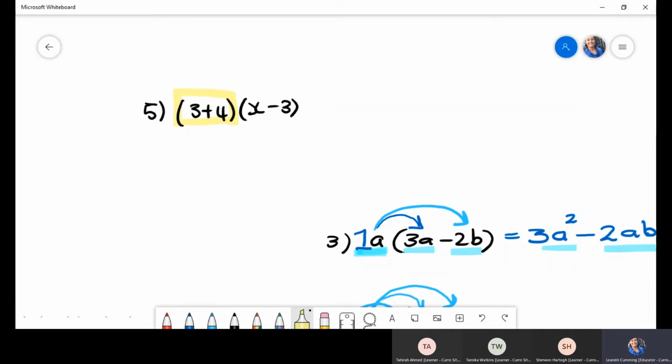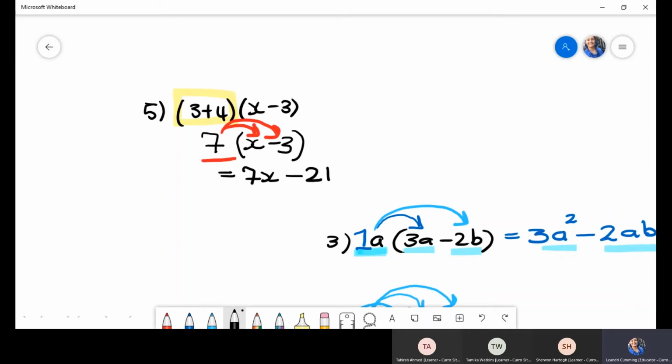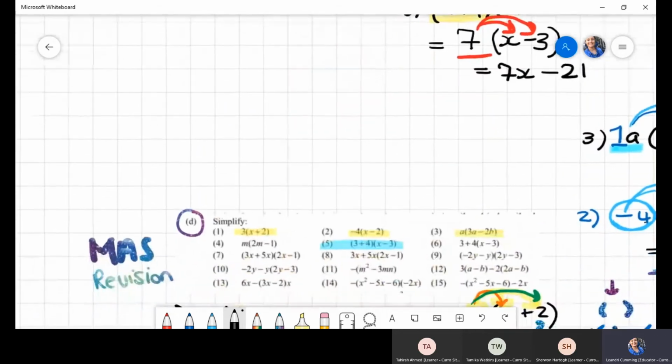Mathematically, I can go ahead and see, okay, great, that's 7. There's nothing stopping me there. So that still remains in front of my bracket so that I can apply the distributive law. And therefore, 7 times x is 7x. 7 times negative 3 is negative 21. Just so that you can see that it might look different.